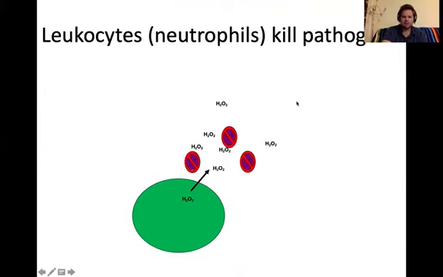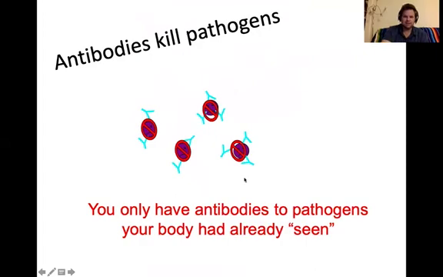They kill pathogens. And this chemical is the chemical formula for hydrogen peroxide. They release hydrogen peroxide to kill whatever pathogen is there. Next, antibodies kill pathogens. One thing I will point out, though, is you only have antibodies in your body to pathogens that your body has seen.